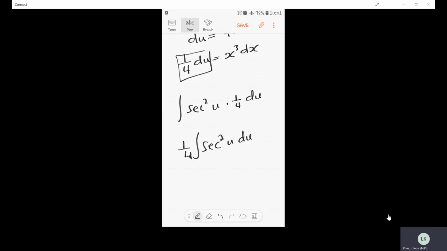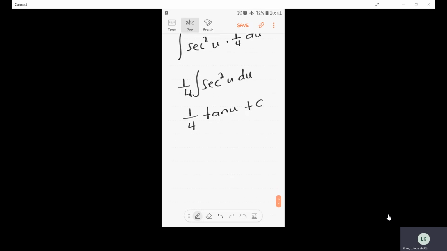Okay, with this I have 1 over 4. The integral of sec squared is tan of u plus c, and then u is x to the power of 4. So I have 1 over 4 tan of x to the power of 4 plus c.